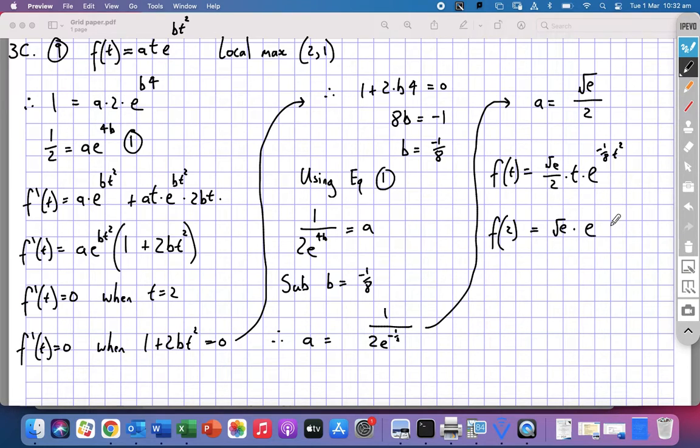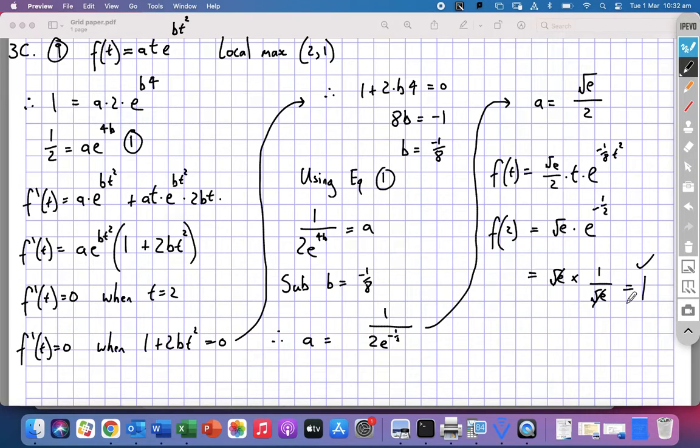Times e to the power of minus 1/2. If I substitute a 2 into here, 2 squared is 4, and 4 times minus 1/8 is minus 1/2. So we've got square root e times 1 on square root e. Cancel, cancel, equals 1. Yep, tick.